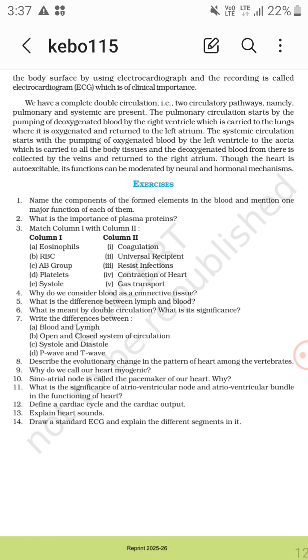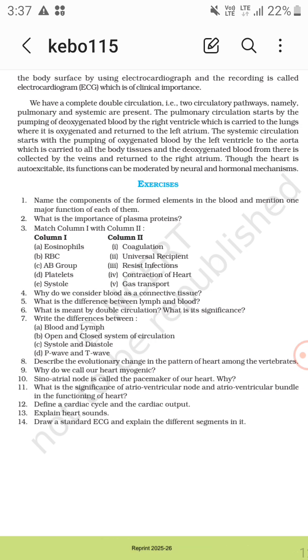Draw standard ECG and explain the different segments in it. ECG is the electrocardiogram. The electrocardiograph is a machine, and the recording is the electrocardiogram. Explain the different segments in it.